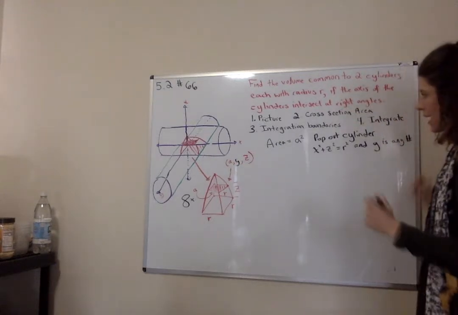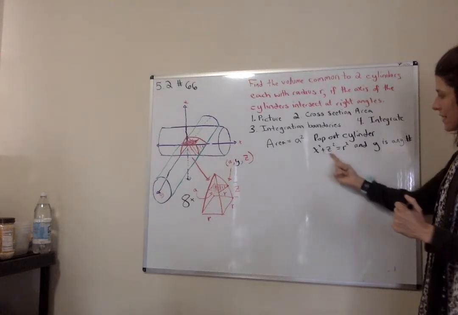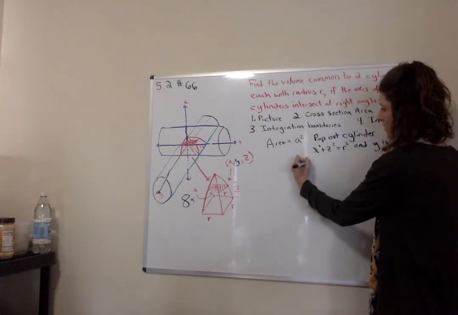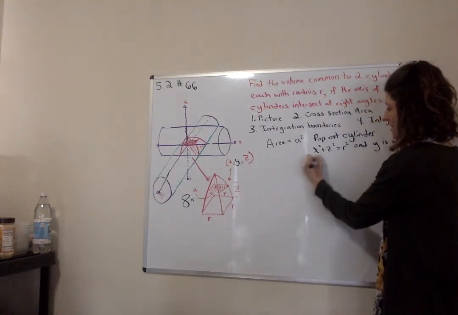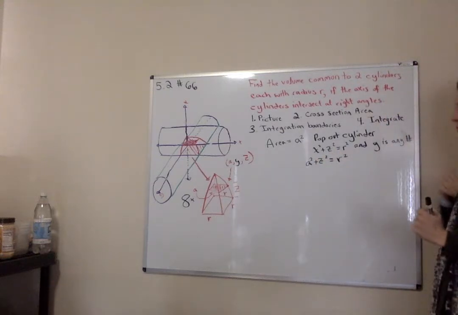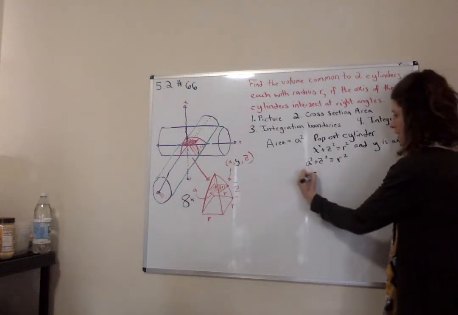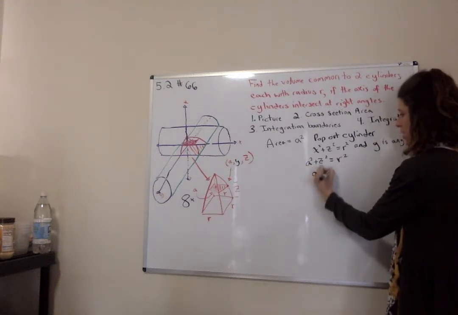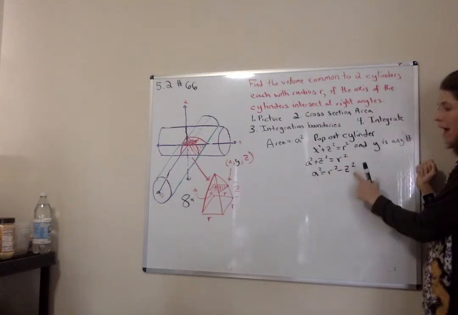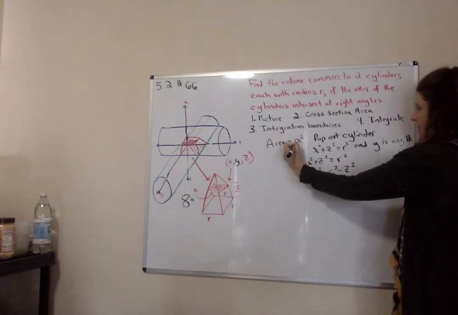There's a relationship between x and z given here, and my x there is actually just a. So I have a squared plus z squared equals r squared. This allows me to solve for a squared: a squared equals r squared minus z squared. So that is going to be my formula for the cross-sectional area.